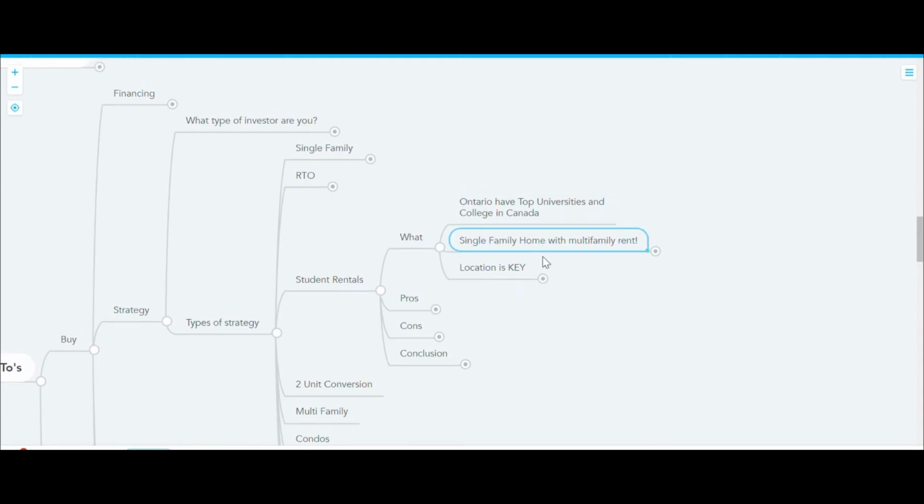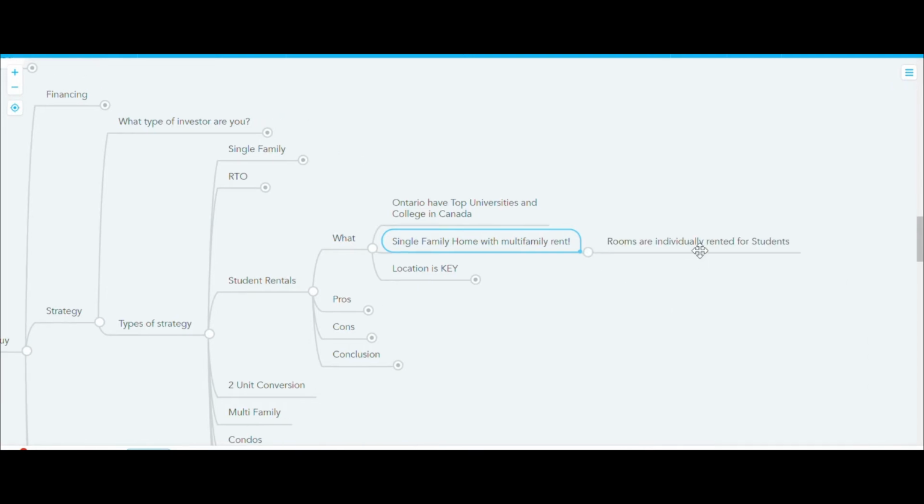It's basically a single family home with multi-family rent. You're buying a single family home, renting out each room to students, and collecting rent per room. This rent could range from $500 to $800, depending on how big the unit is and whether you have an ensuite washroom.